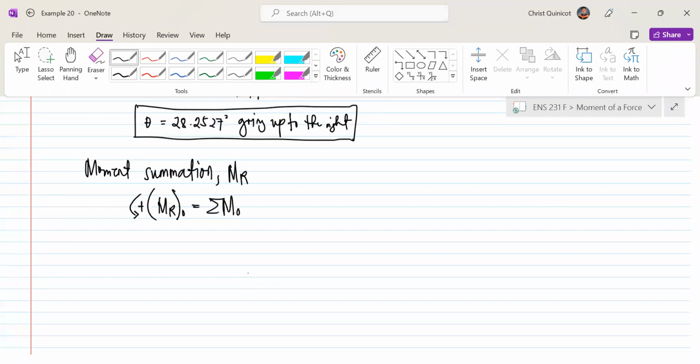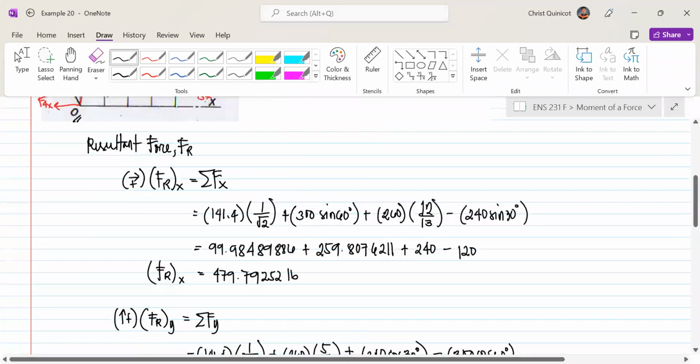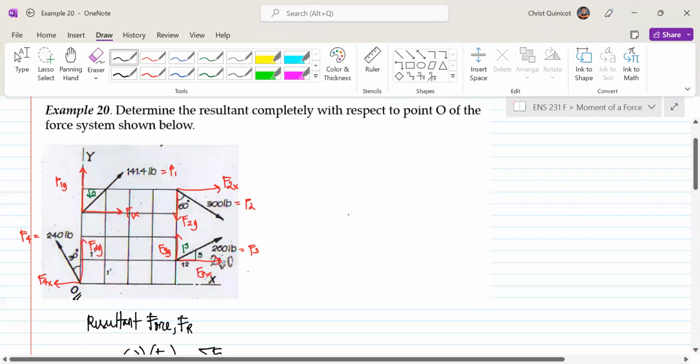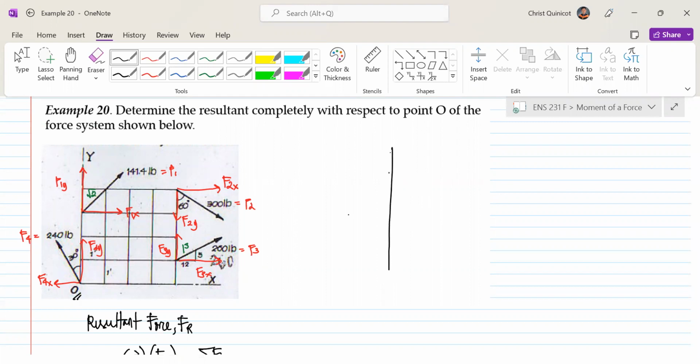Now, let me redraw. Okay, so you have our y, our x, and our point O is located here.